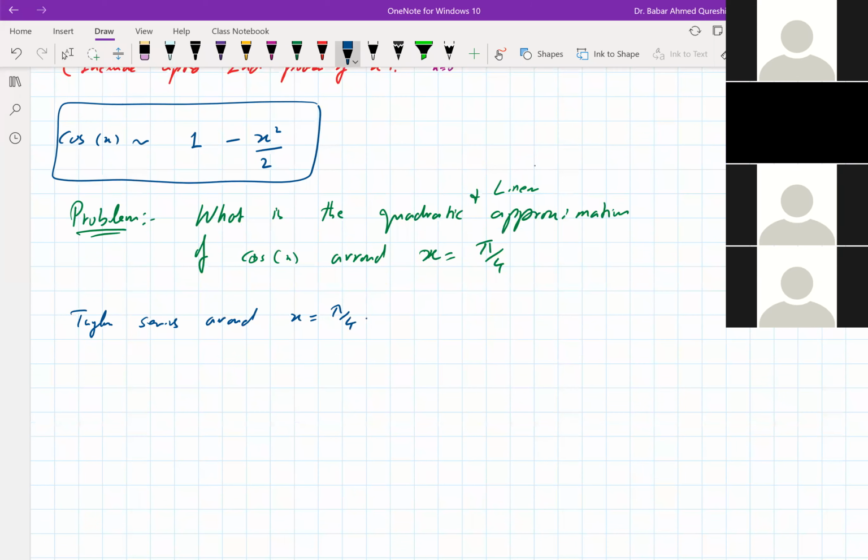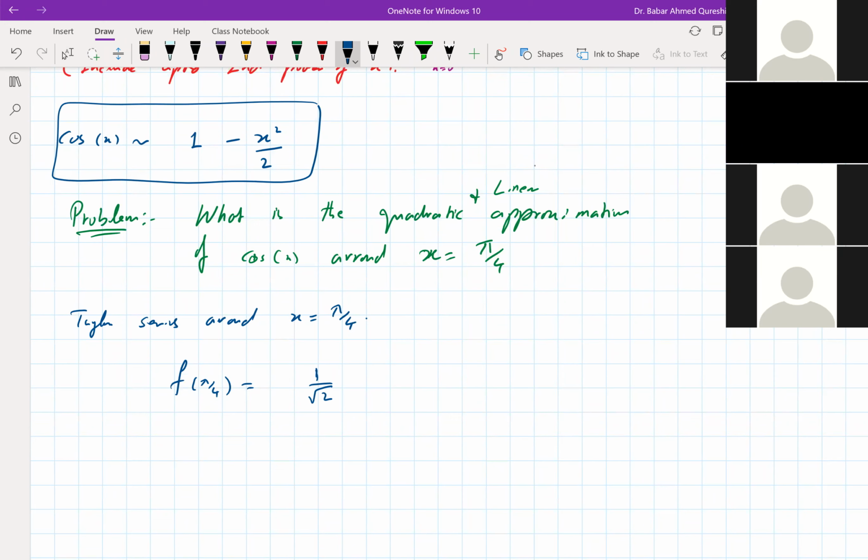So I have f of pi by 4 is 1 over under root 2. Is that true?